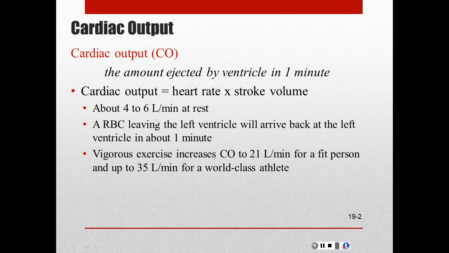So if we had a heart rate of 75 beats per minute and a stroke volume of 70 milliliters per beat, we multiply 75 times 70.